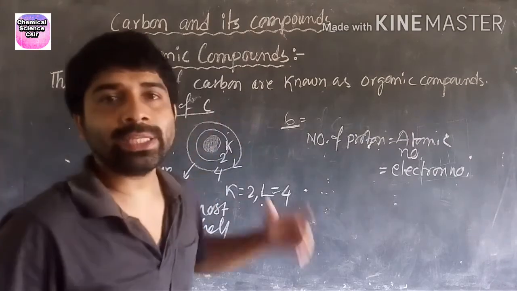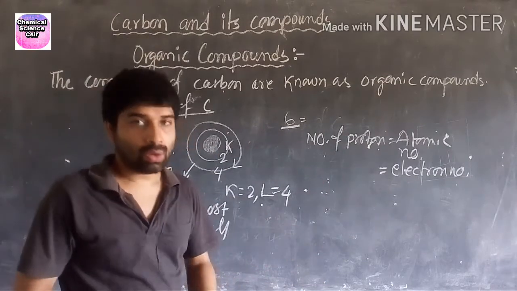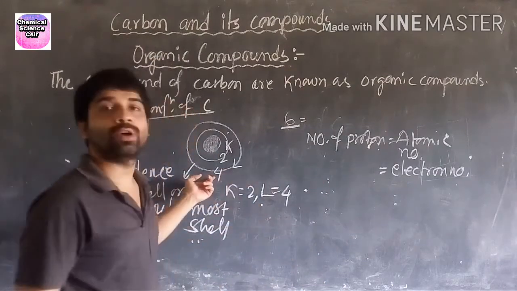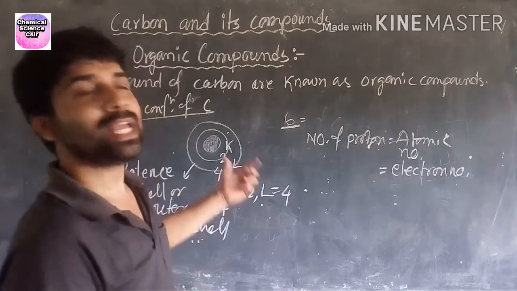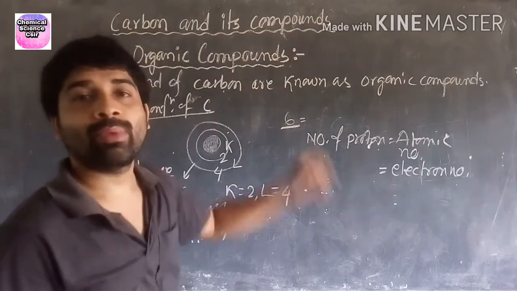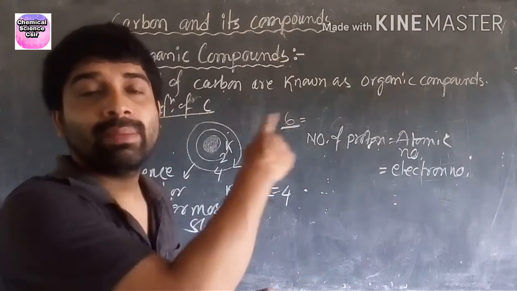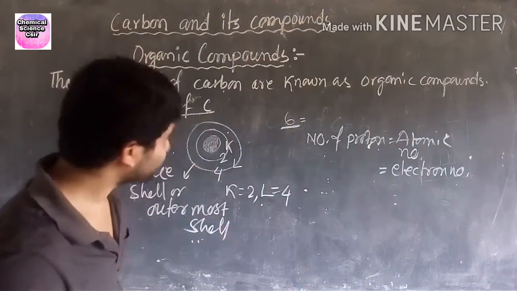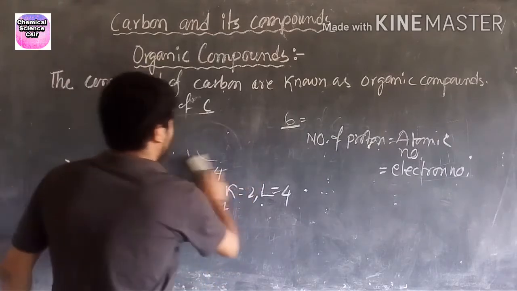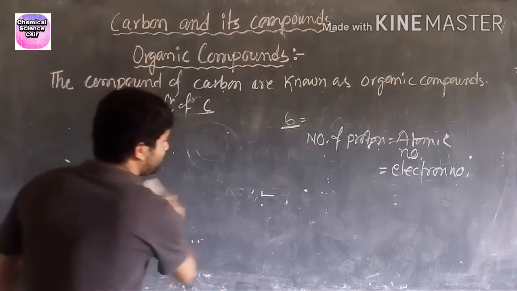Here in the valence shell, 4 electrons are occupied. So these are valence electrons. How many electrons are present in the valence shell of a carbon atom? This one is 4.